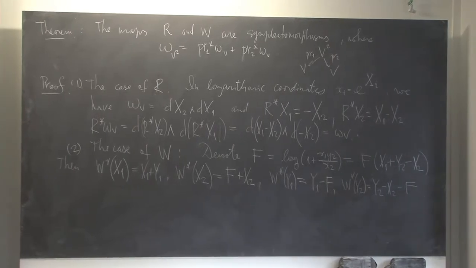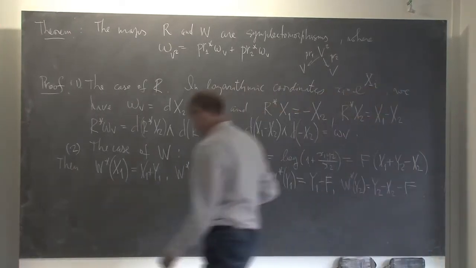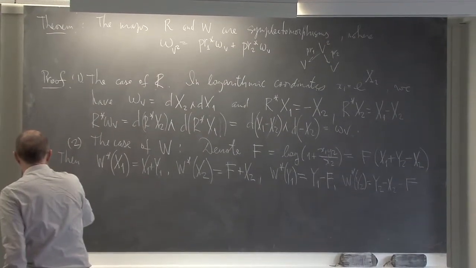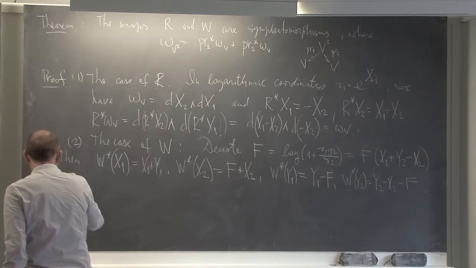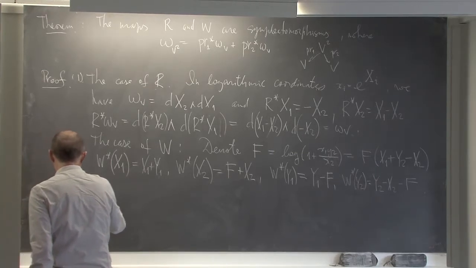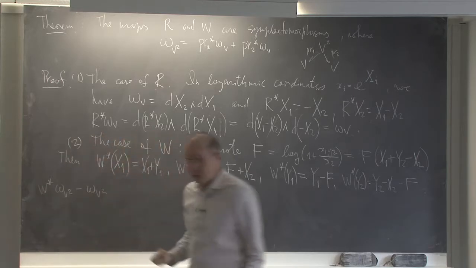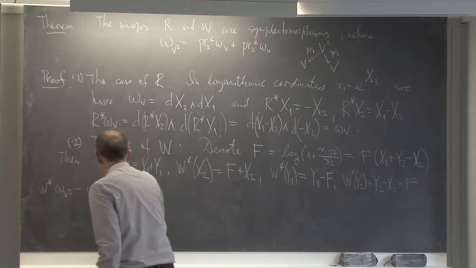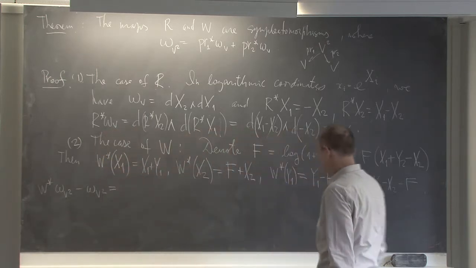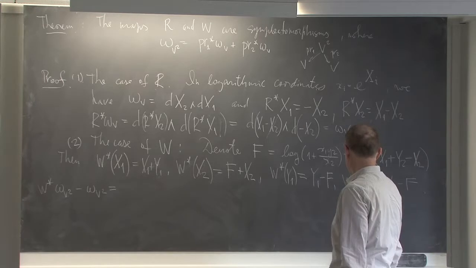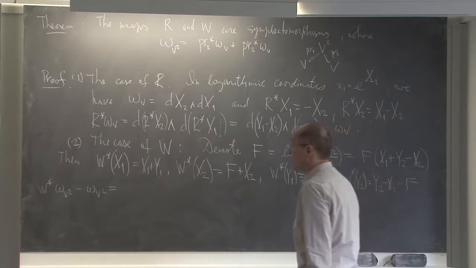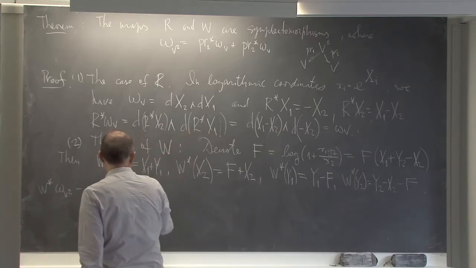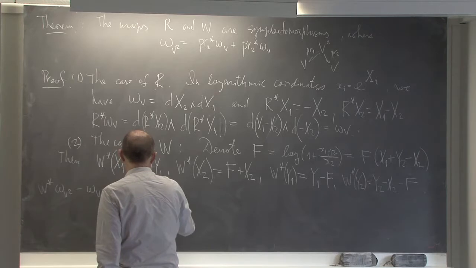Okay, that's the map. And now we start calculating. So W star of omega v squared minus omega v squared. So we want to arrive to 0 for that difference. So let us see. So dx1, dx2 with w star. dx1 plus y1.